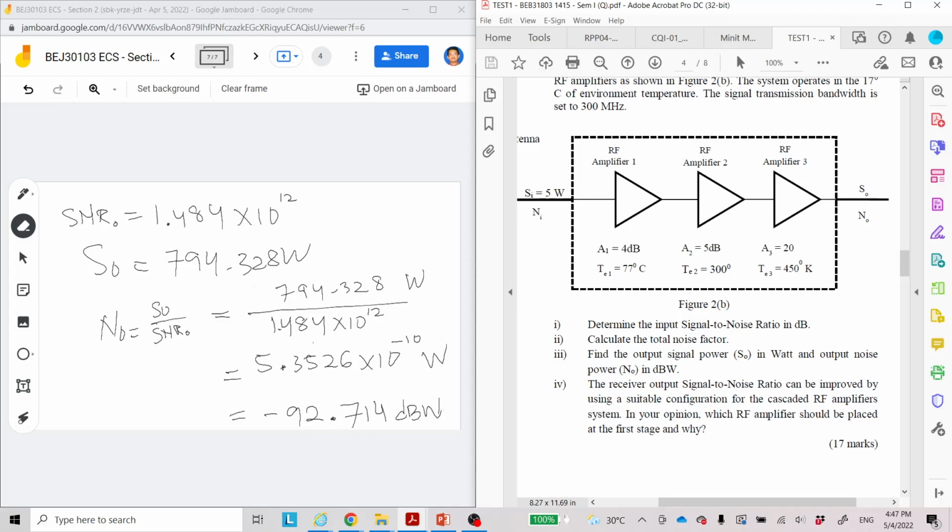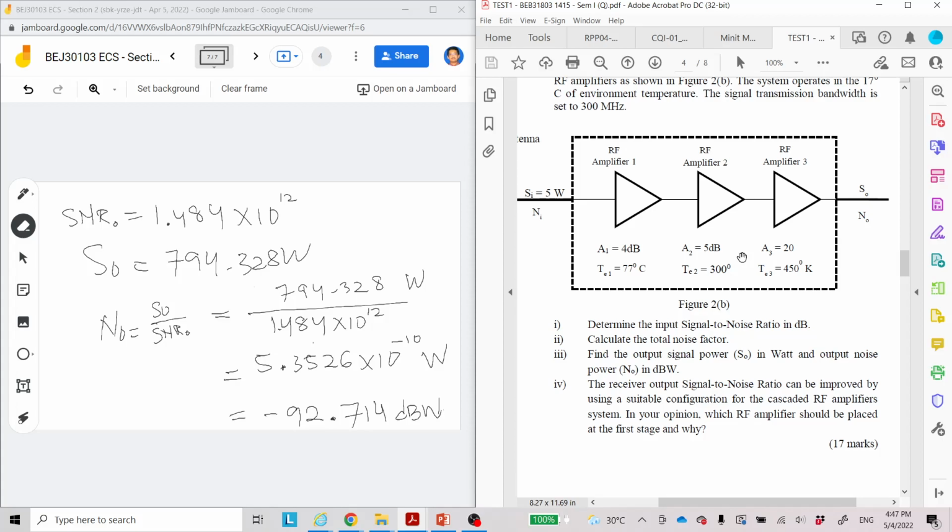We can improve the system by reconfiguring the arrangement of the amplifiers. This is the first stage amplifier, second and third.